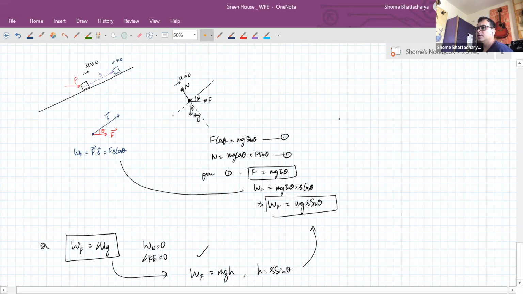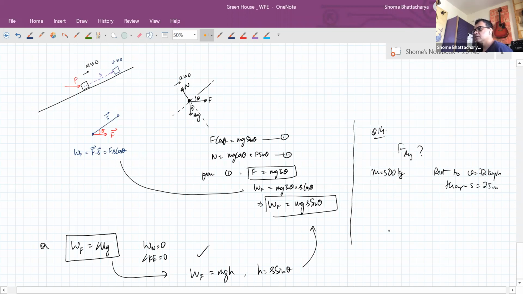So question 14 you can do by kinematics also and you can do by work energy also. It is asking that you have to find the average force acting on a car of mass 500 kg needed to accelerate it from rest to 72 kilometers per hour through a displacement of 25 meters.